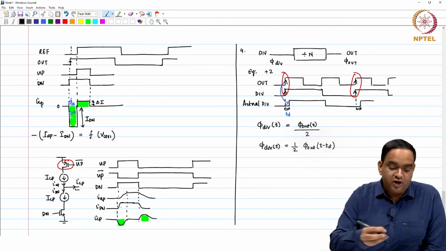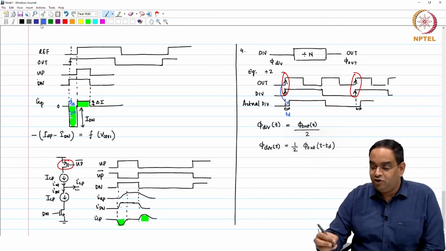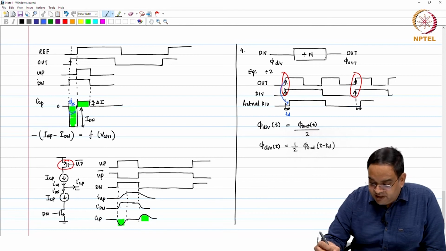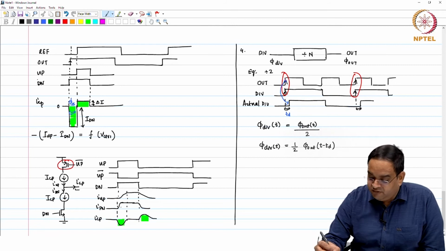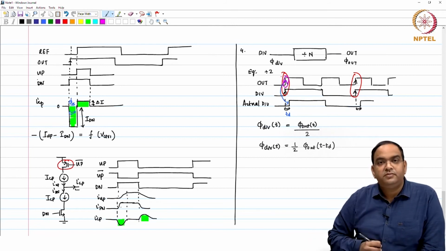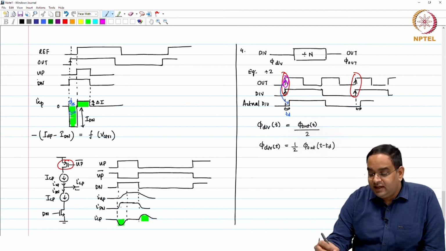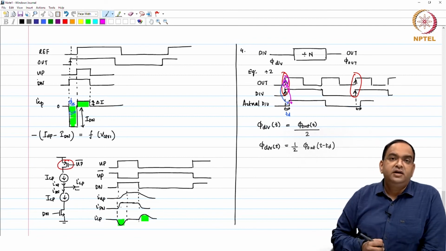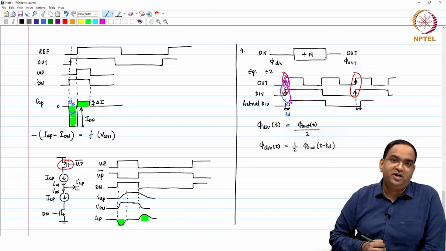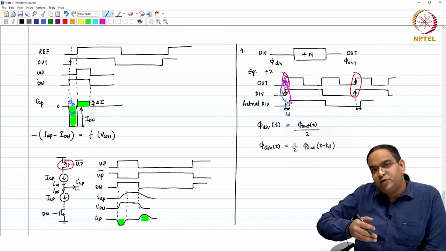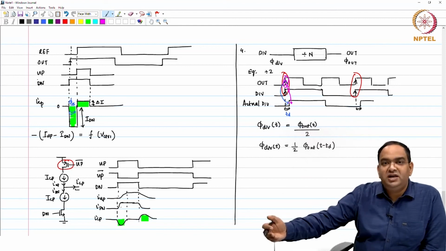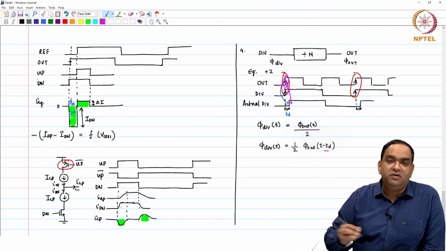You can say it in this way also: if you make a change on the output clock, then that change is going to be reflected in the divided clock after T d delay. Okay. You make a small change in the output phase, and that small change is going to be delayed by a certain amount.